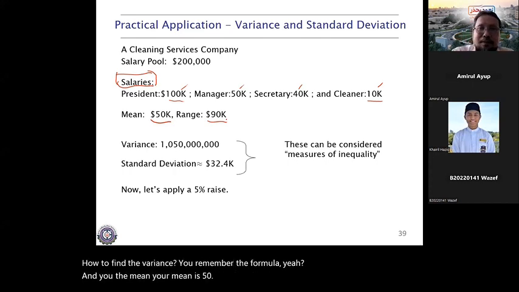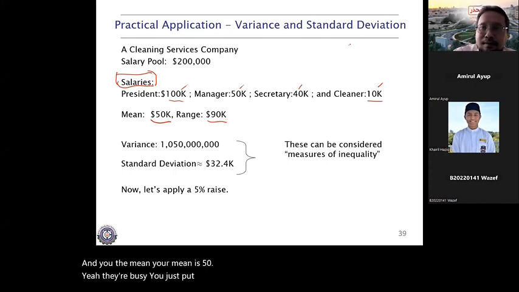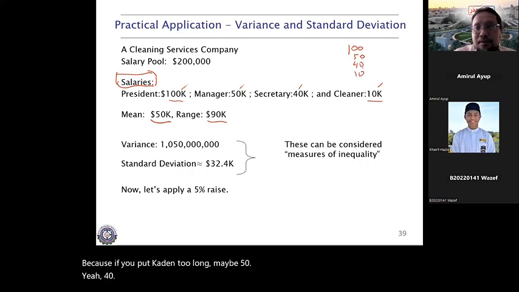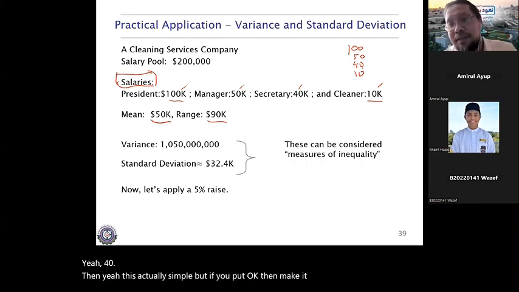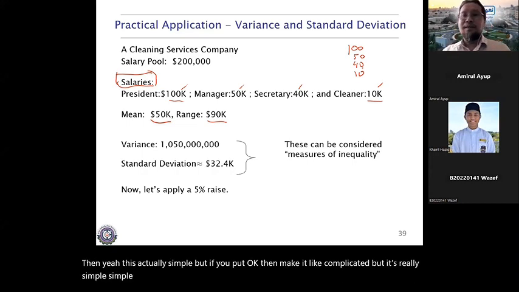To be easy, you just put 100, because if you put K, it is too long and makes it complicated. It is actually a simple thing: 100, 50, 40, and 10.